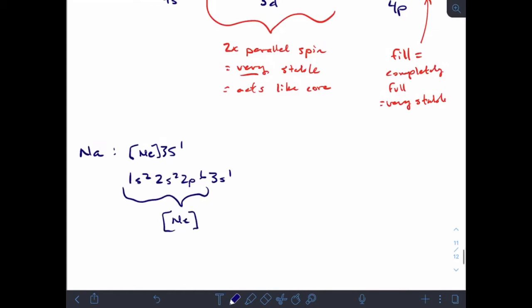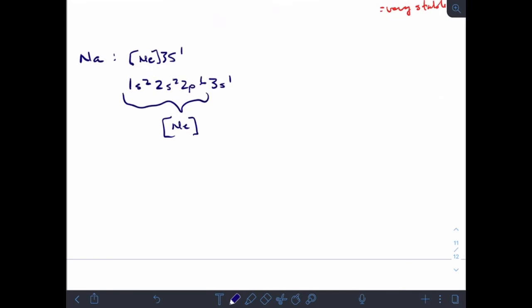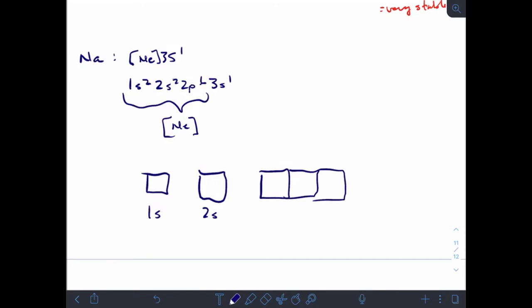All right, so let's draw the boxes for it and see how things play out. So my 1s, s has one orbital, so I get one box for the s. My 2s, my 2p's, there are 3 orbitals in the p. And then I've got my 3s box.